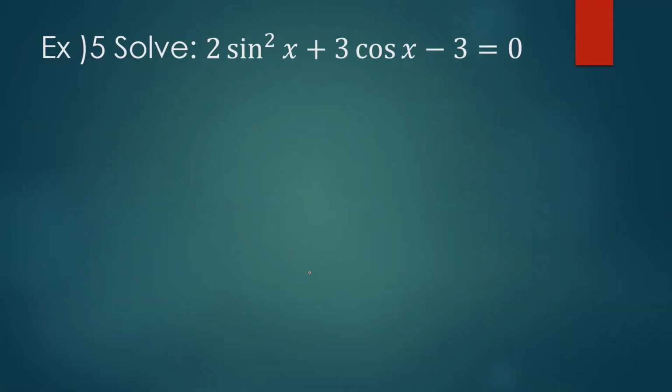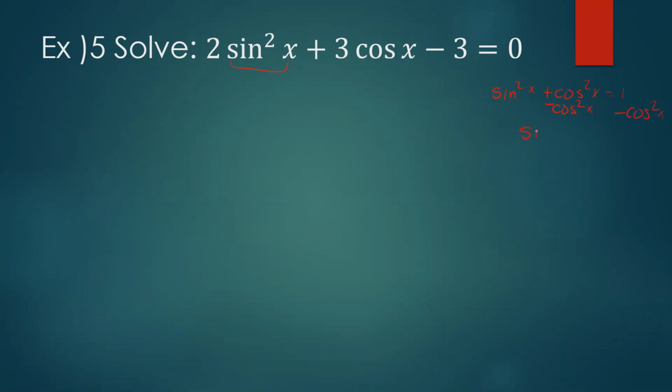I'm talking about this sine square x. It's one of your Pythagorean identities, and it's this one: sine square of x plus cosine square of x equals 1. To get sine square of x by itself, you would have to subtract cosine square of x from both sides.